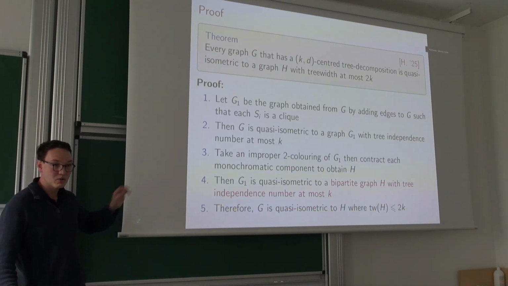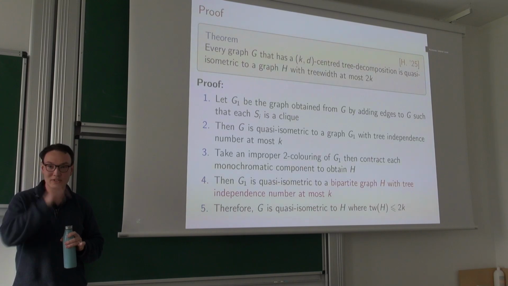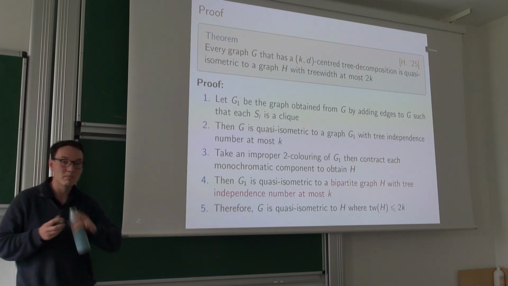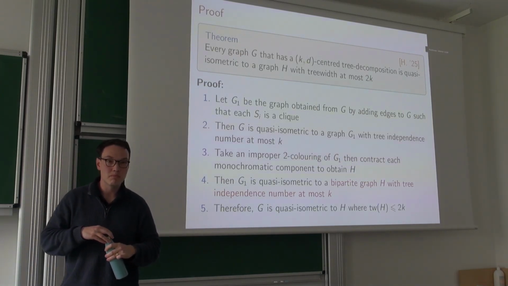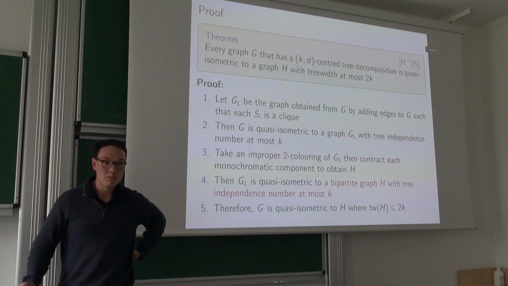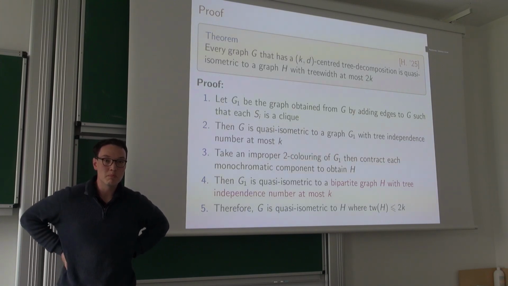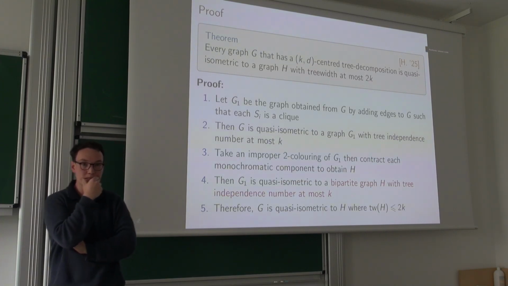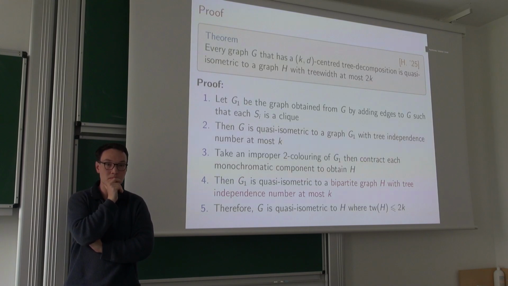Are there any questions about this proof? So I have a question. In this proof, you get a graph with a treewidth that depends on k, and the quality of the quasi-isometry depends on both k and d. Yes. Is it possible to get the quasi-isometry to depend only on d and not on k?